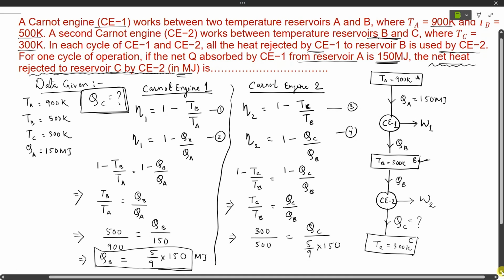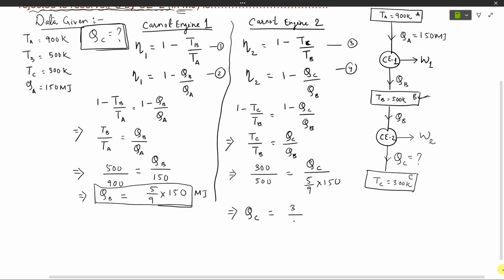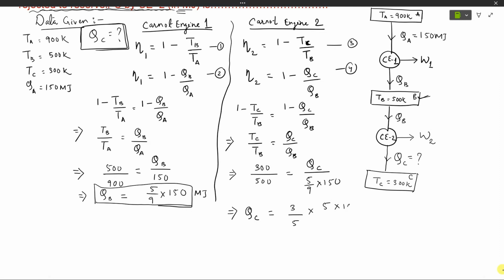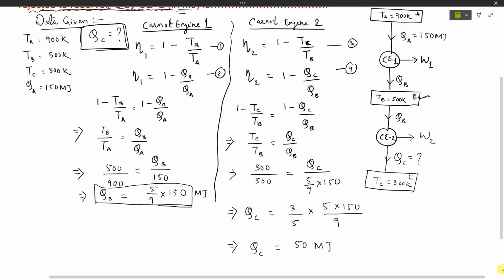If we rewrite this expression, QC is equal to 3 by 5 into 5 into 150 by 9. If you solve this one, we get QC as 50 megajoule. So this is the final answer for the given question.